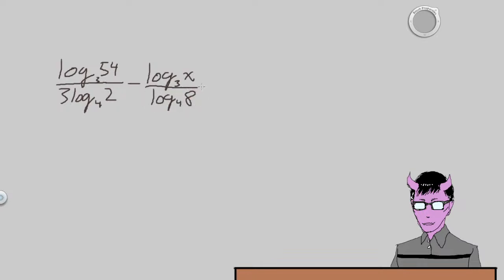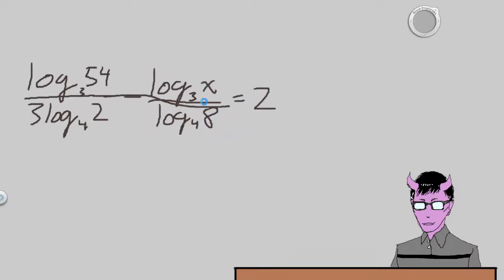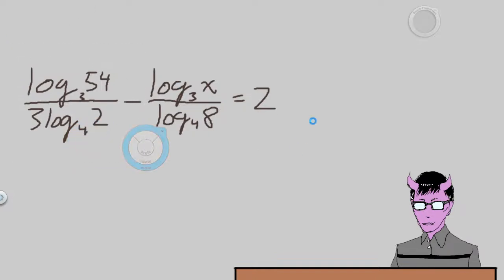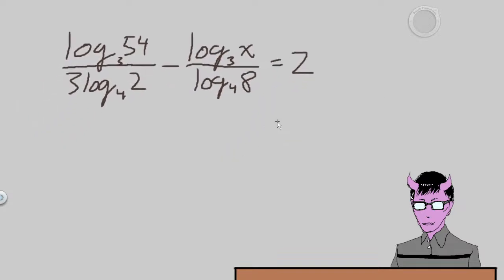So nothing too fancy right here, and is equal to 2. I don't know why my penmanship is atrocious, right? It's kind of going downwards. That's fine. Let me move this. Okay. So there's the problem.